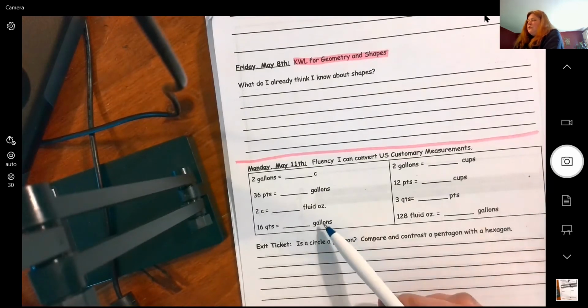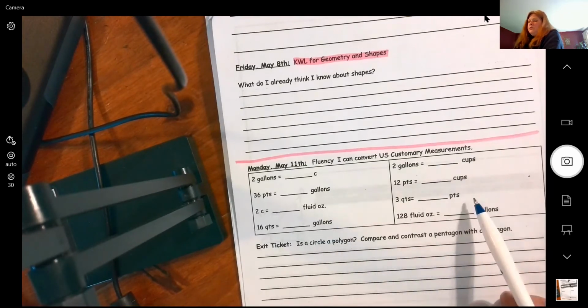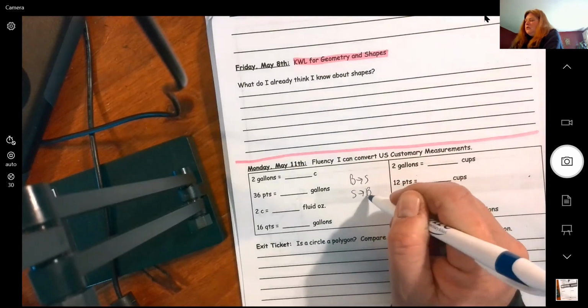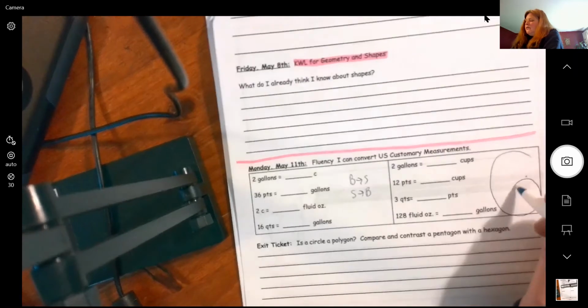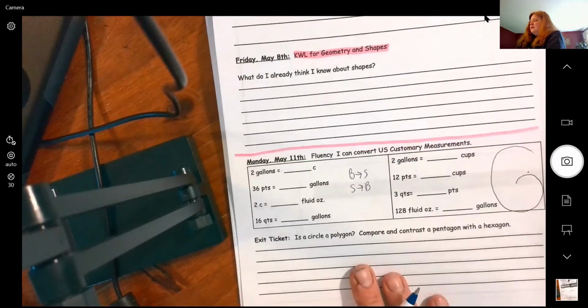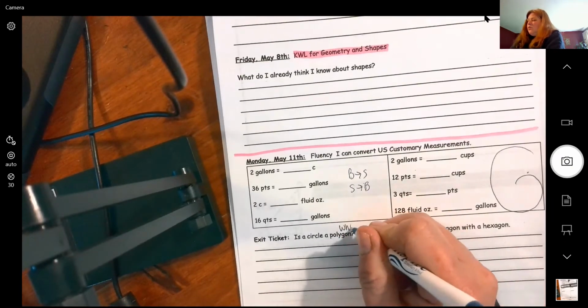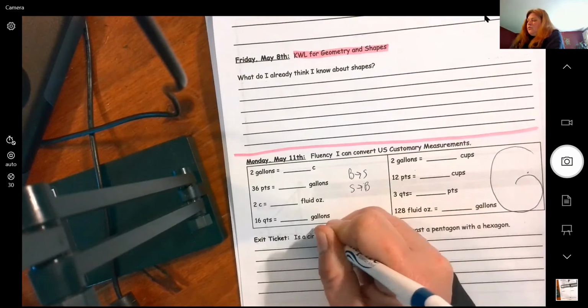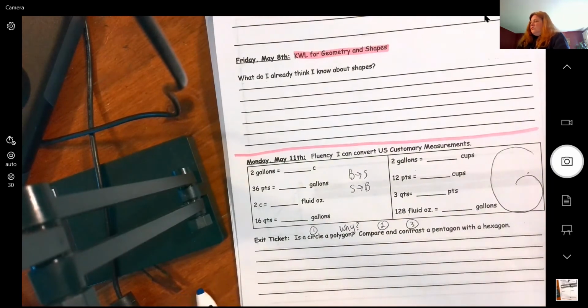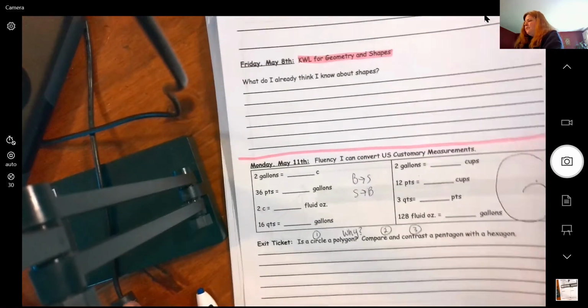If you're not sure, some of these are all on the Great Land of Inspire actually, so you can use that one. So do your big to small, small to big, and then make your Great Land of Inspire. Your exit ticket is right here. Don't forget to add a Y. And you need 3 sentences to solve it, to answer it properly.